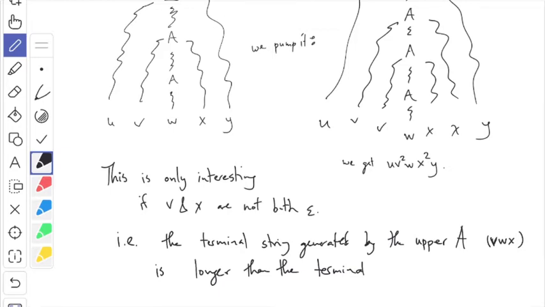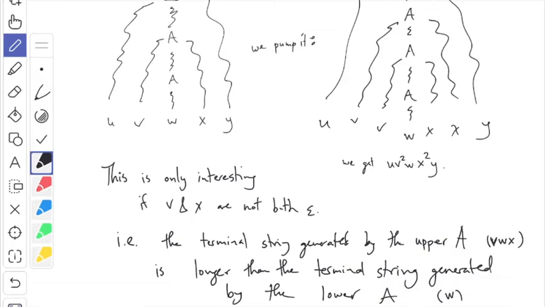This is the same as saying that V and X are not both the empty string. I'm saying the string you get from the A above is actually different, and it must be longer, it can't be shorter.